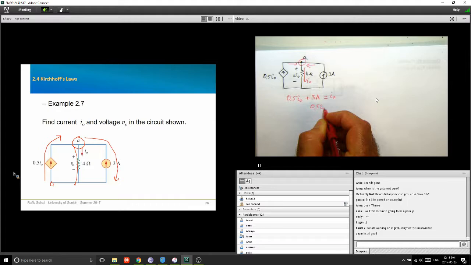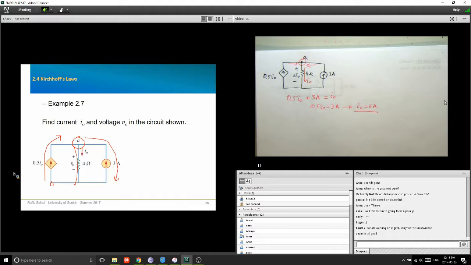The second part, we want to find V naught. How can I find V naught? I have I naught, it's 6 amps.